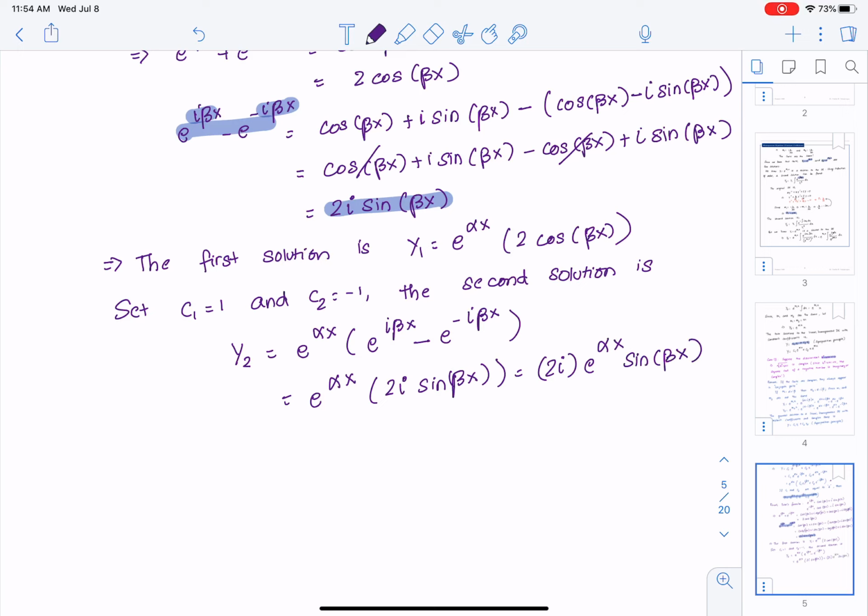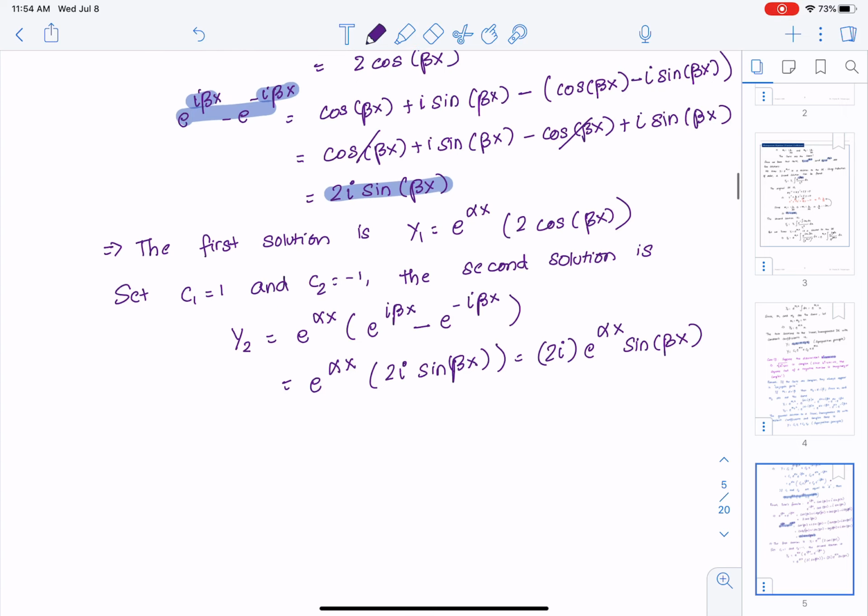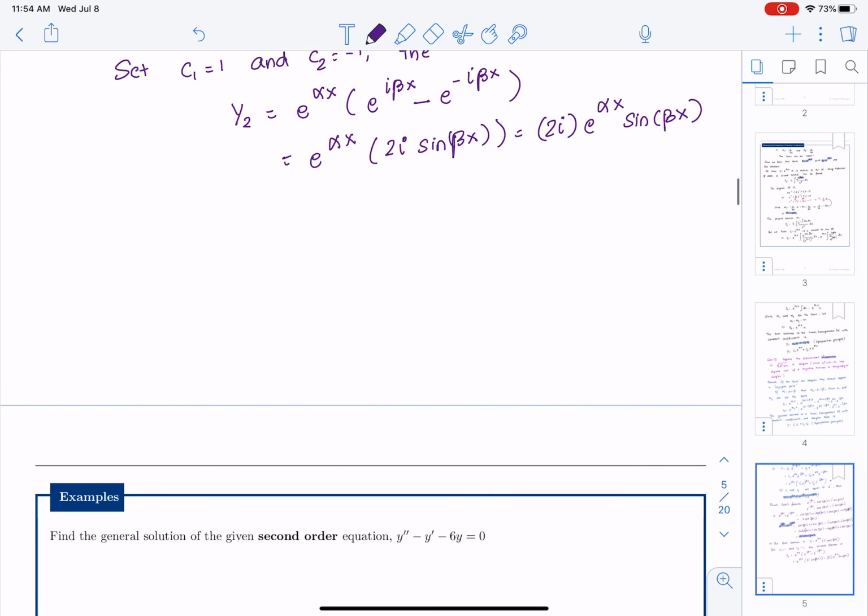So now we have two solutions for a second order linear homogeneous differential equation.